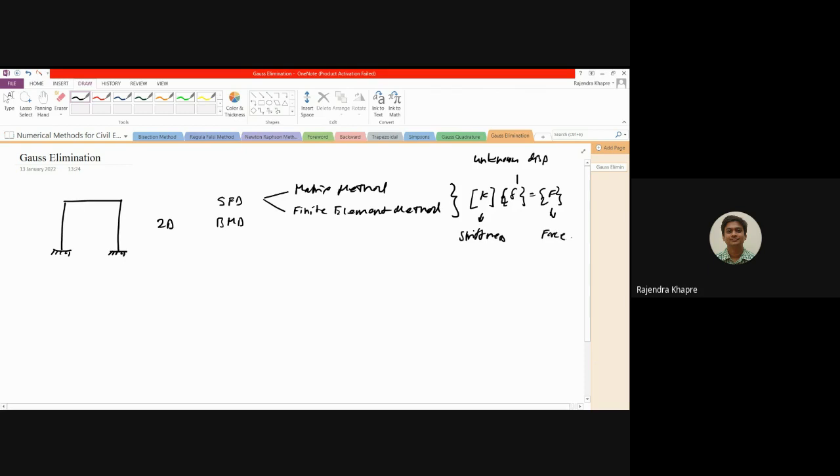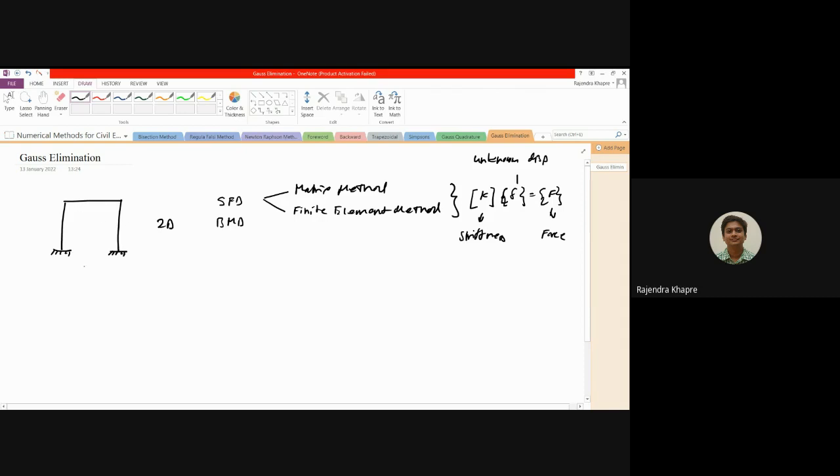So this is a typical system of linear equations, and today we are going to study the different methods to solve it.